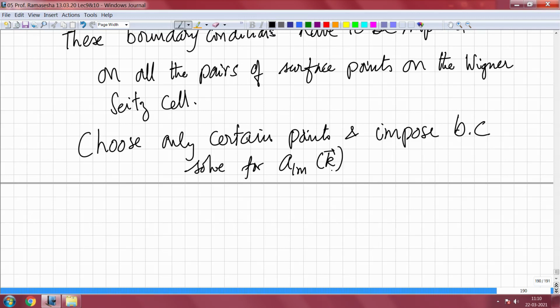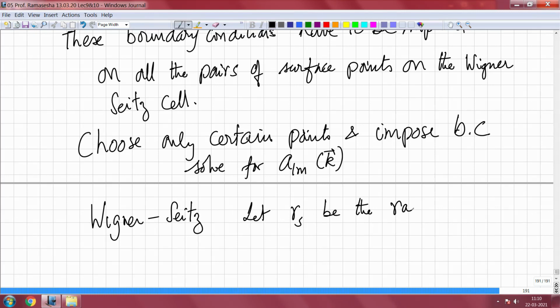In fact, the interesting thing is that when Wigner and Seitz solved their problem, all they did was impose only one boundary condition. They said, let RS be the radius of a sphere of volume equal to the Wigner-Seitz cell.